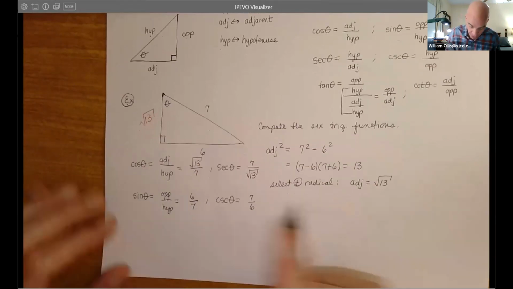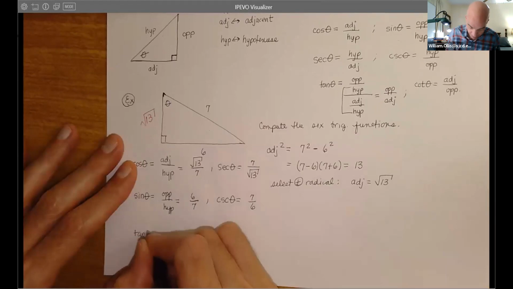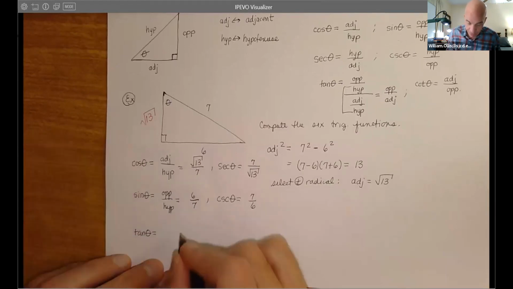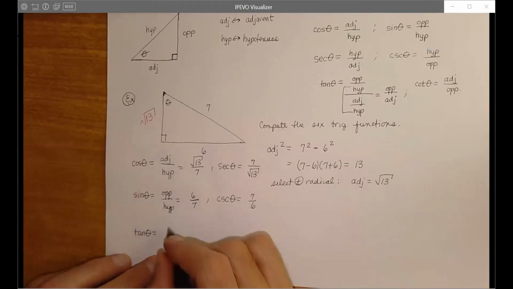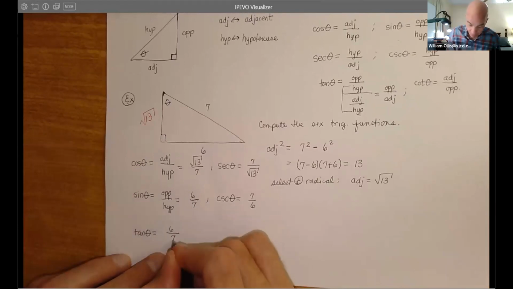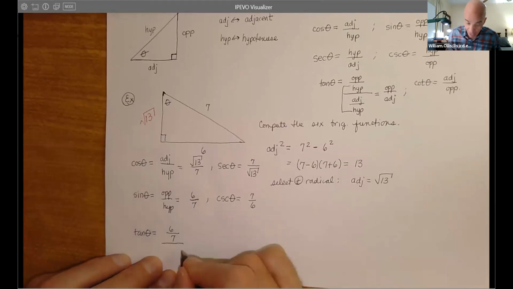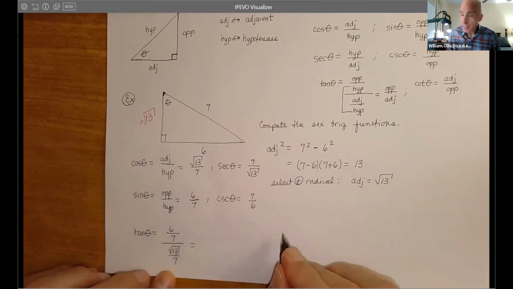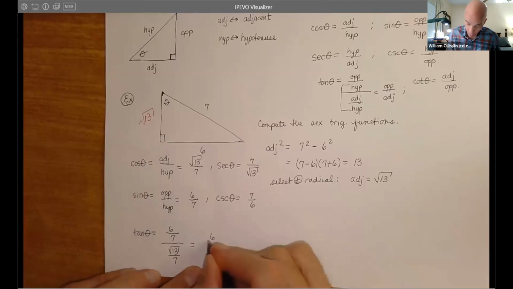And then of course, tangent theta is just going to be sine over cosine. So we're going to have 6/7 divided by square root 13/7. Now what we see is that the 7's cancel, and we just get 6 over the square root of 13.